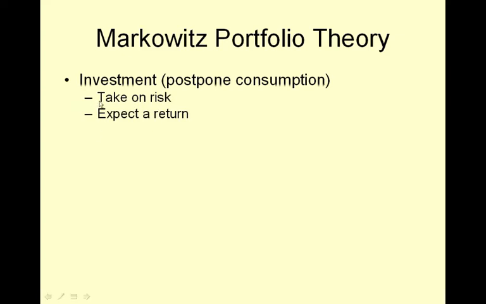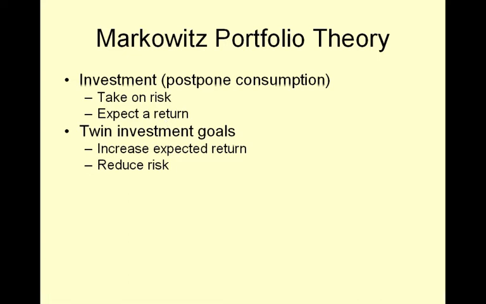Most investments involve taking on risk with the expectation of a return. That is to say, people typically have twin investment goals. They want to increase their expected return, and they want to reduce their risk.